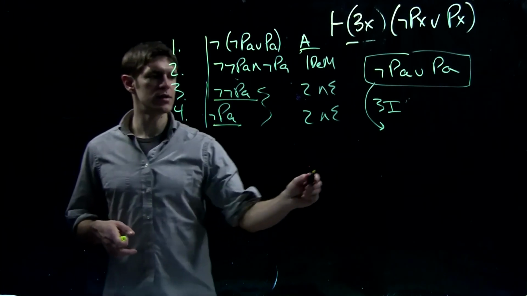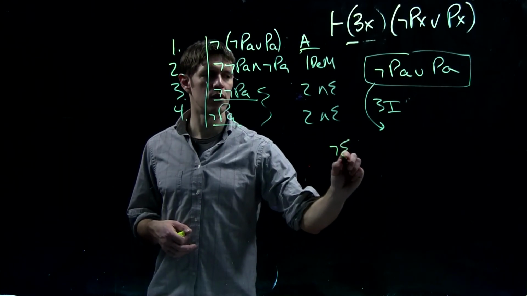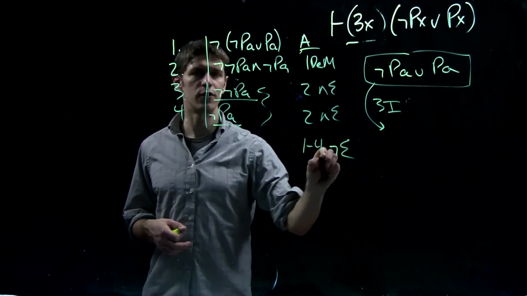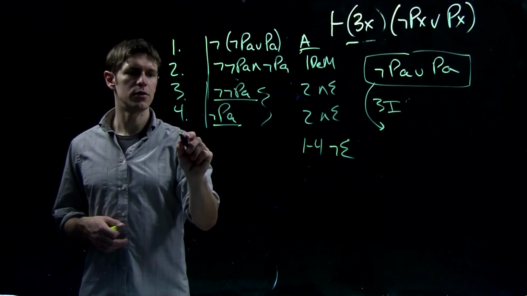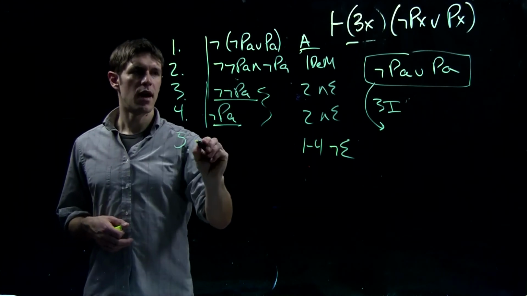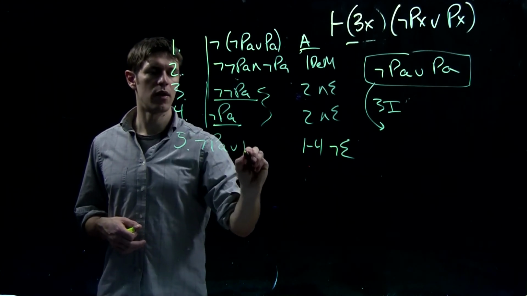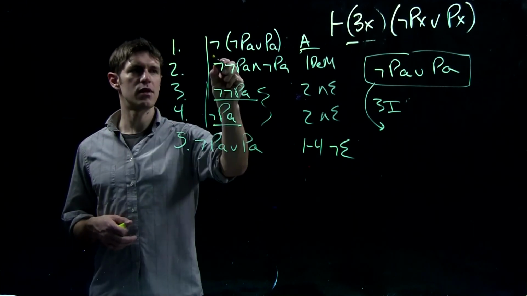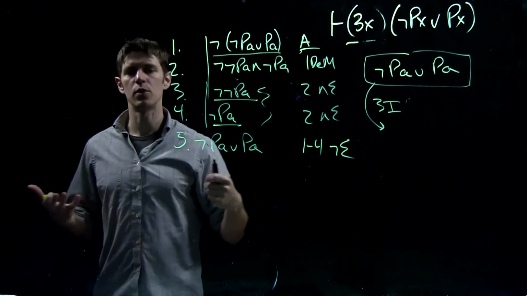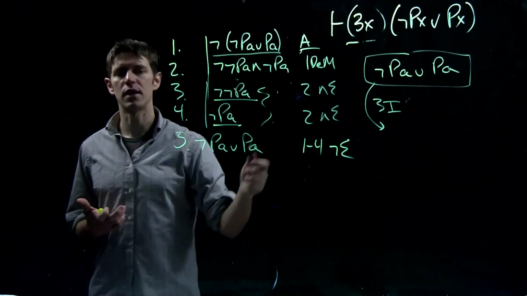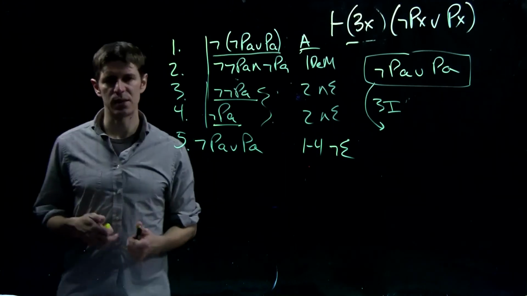And so I can use the negation elimination rule from the subproof 1 through 4 to derive the formula not Pa or Pa. So I've shown that this particular assumption leads to what we'll call absurdity, a formula and its literal negation, so the opposite must be the case.